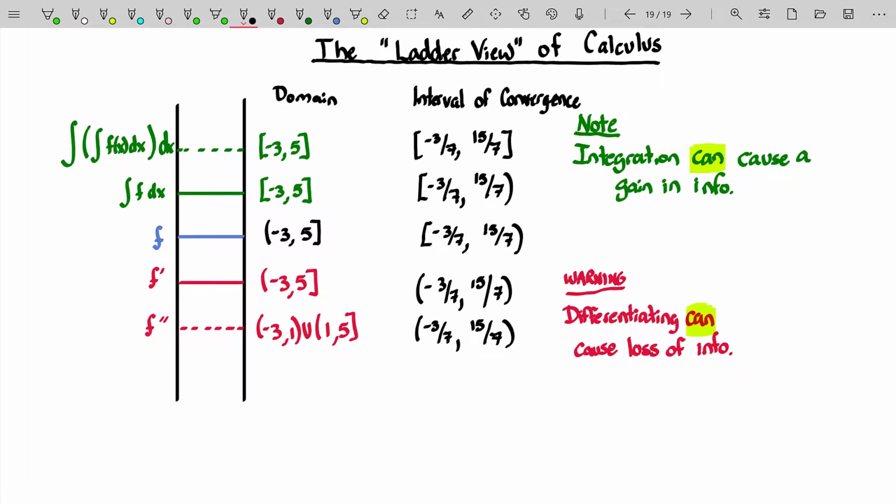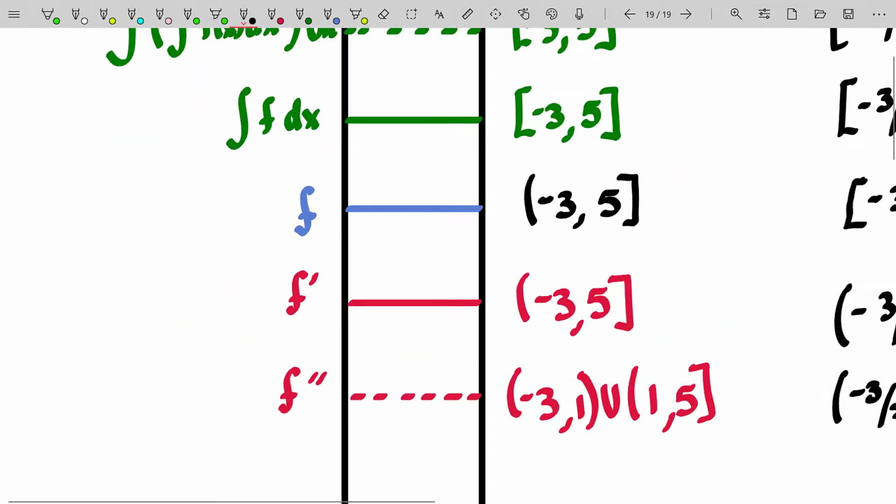So this is my ladder view of calculus. Some other ways you might want to think about this: you have an original piece of work right here, and when you take copies of it, derivatives of it, that's what I'm thinking of when I say copies. Every time you take a photocopy of something, you lose a little bit of quality.